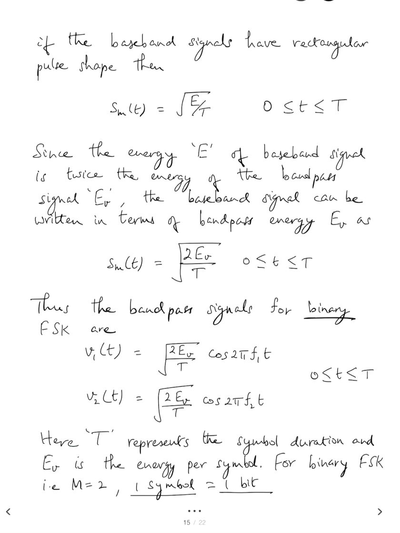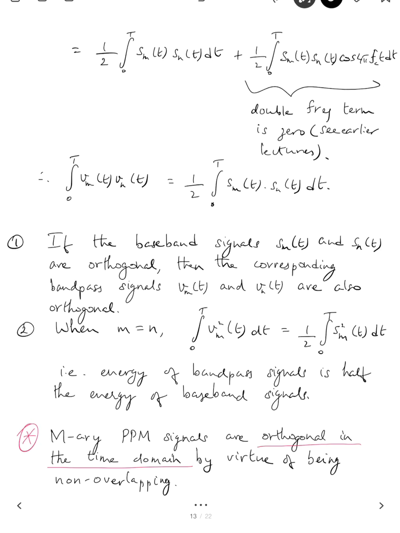Now we can write this representation in terms of the bandpass energy. Since we know that the bandpass energy is half the baseband energy, the E here denotes the baseband energy, and we want to write this E in terms of the bandpass energy, because we are now dealing with the bandpass signals, which we denote as Vm or Vn of t.